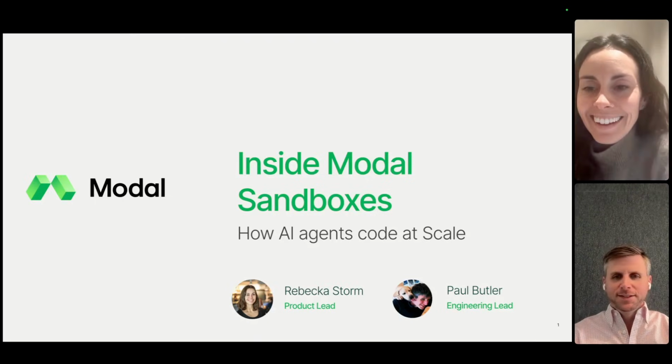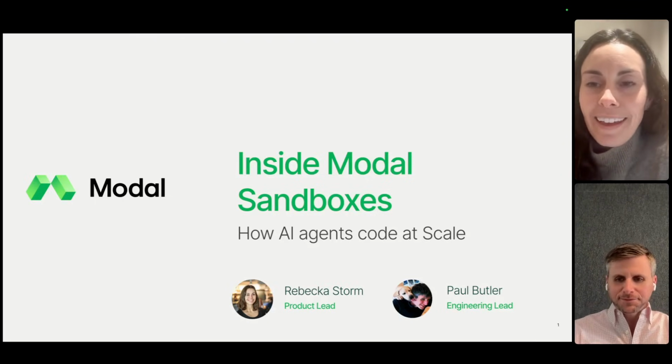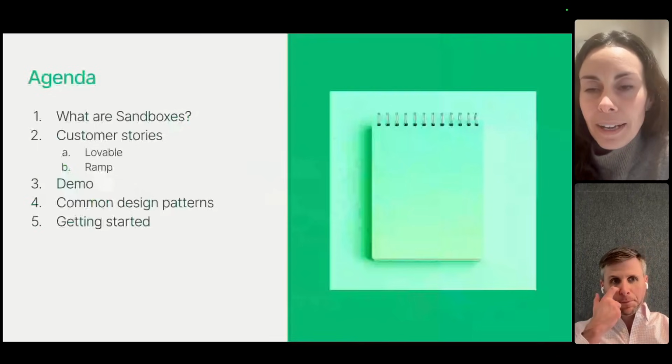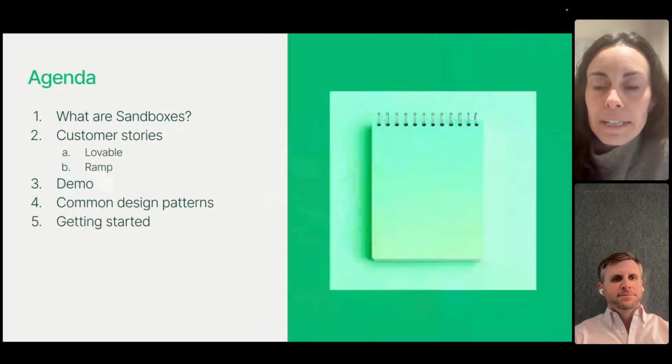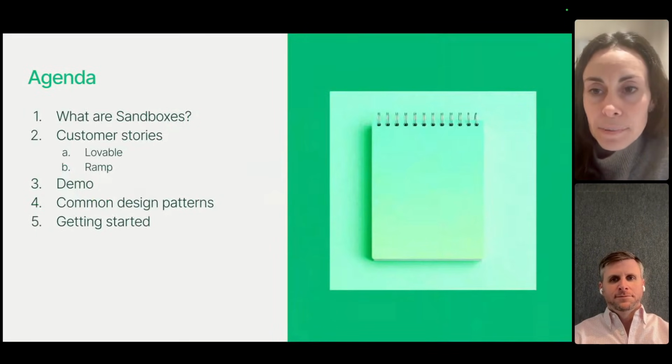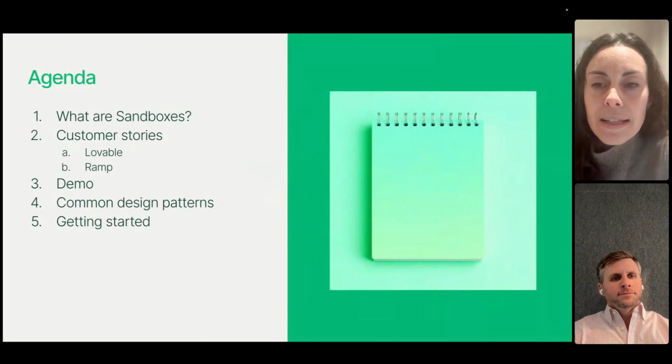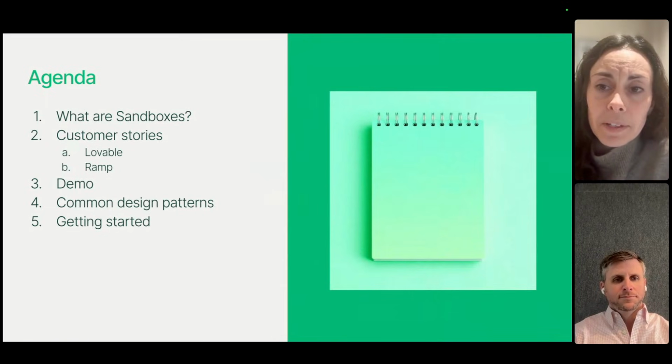Cool. All right, I think let's get started. So today we're going to walk you through what Modal Sandboxes are, how they can be used, and specifically focusing on AI coding agents. First, we're going to talk about what sandboxes are. I'm not sure how familiar you all are with them already. Then we're going to talk about some customers we work with and share a little bit about how they use sandboxes, because we think it's helpful to understand how others use them and to get an idea of how they are used in practice. Then Paul is going to give a demo, showing how to build a really cool application with Modal Sandboxes.